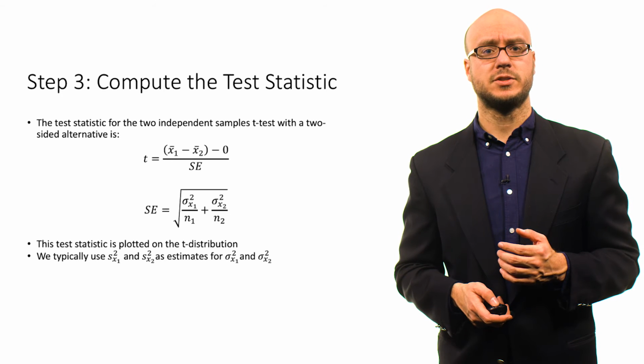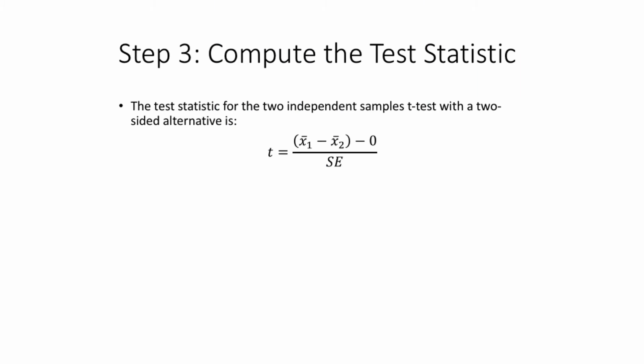It's relatively straightforward. And we will use the two sample variance estimates for the population variances for these two groups. So we'll use the sample variance of the first group and the sample variance of the second group as estimates for the population variance of the first group and the population variance of the second group.